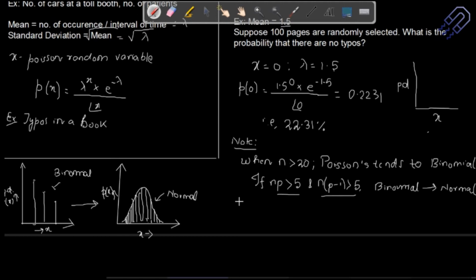So we're going to discuss normal distribution separately, but the condition under which Poisson tends to binomial and binomial distribution tends to Poisson distribution is important. But we can see that there are some basic differences between binomial distribution and Poisson distribution. So let's write down the difference between the two.